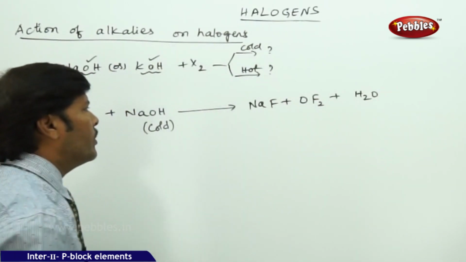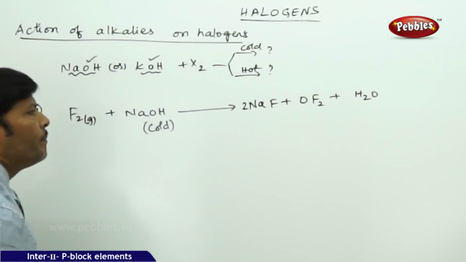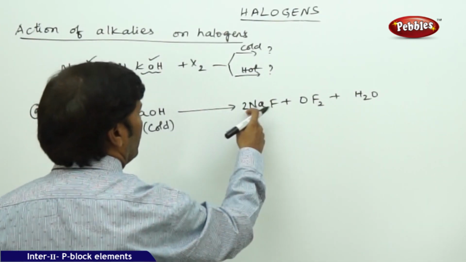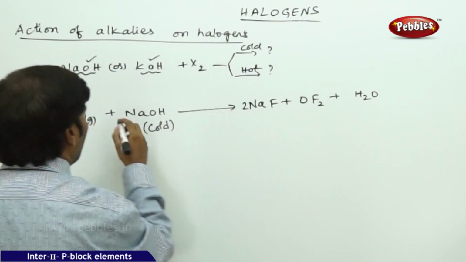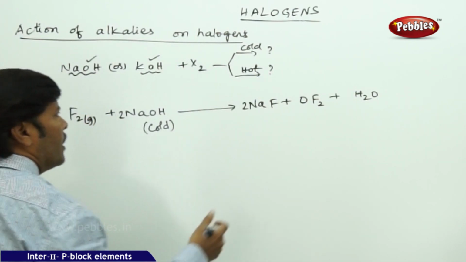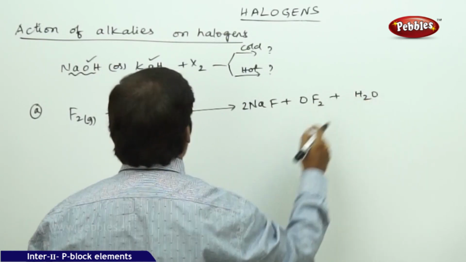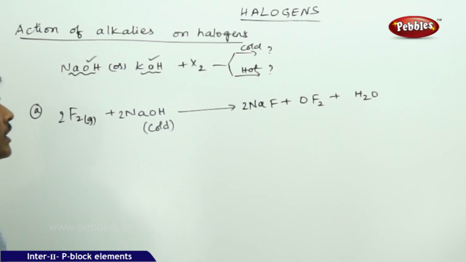To balance the equation, I am going to take 2 over here; 2 fluorines and 2 fluorines, 4 fluorines are coming over here, and the number of sodiums is 2. Then the hydrogens and 2 oxygens are balanced, and the number of fluorines also are automatically balanced.